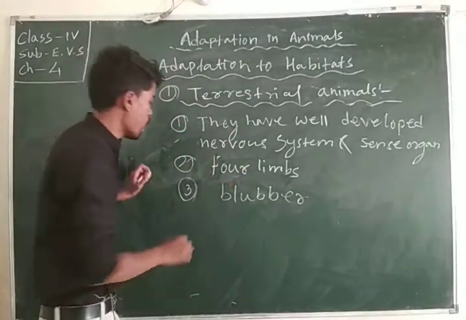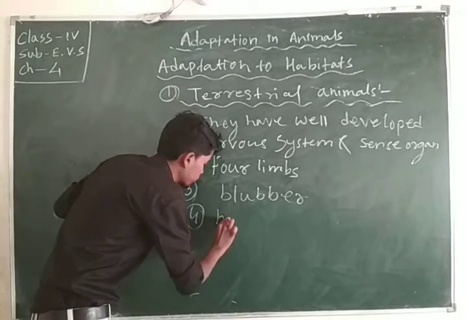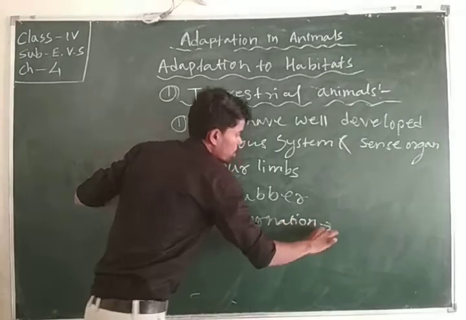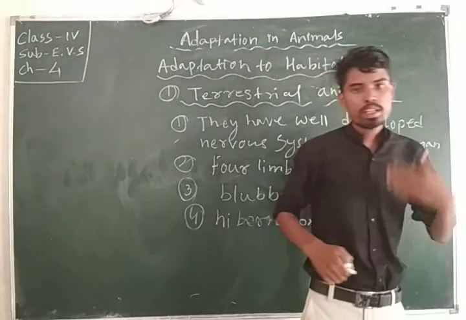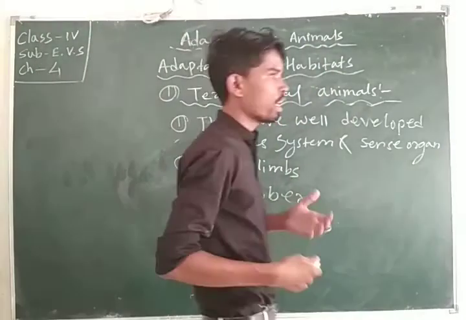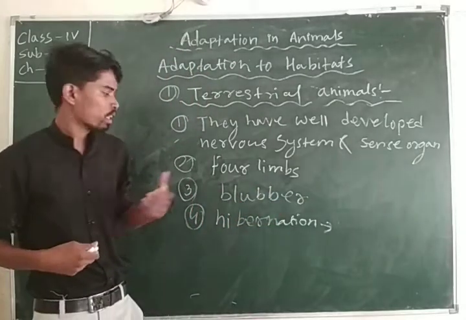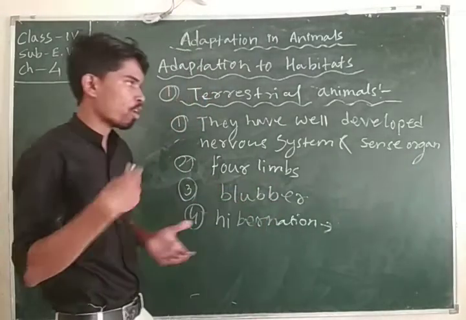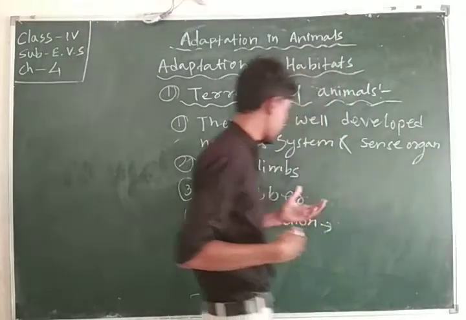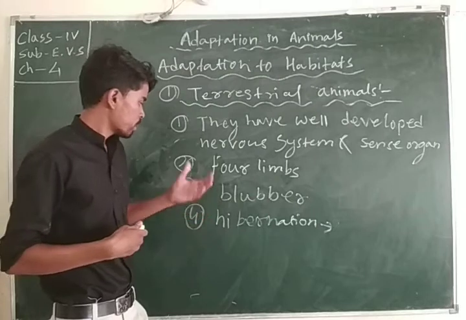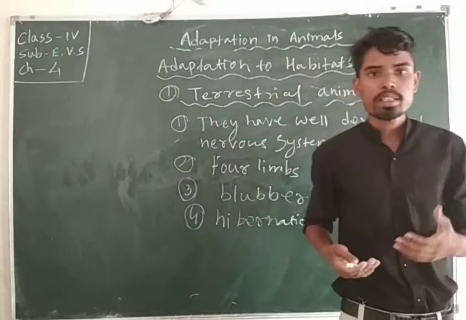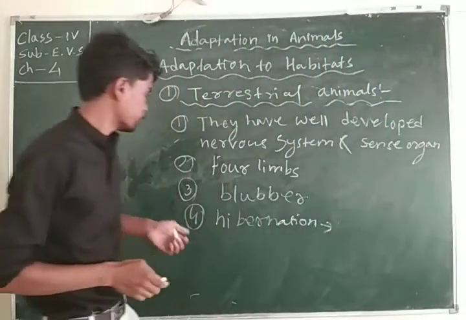Next, hibernation. What is hibernation? Some animals sleep for several months, or they are inactive. Animals like frogs and bears sleep for several months. That process is called hibernation.